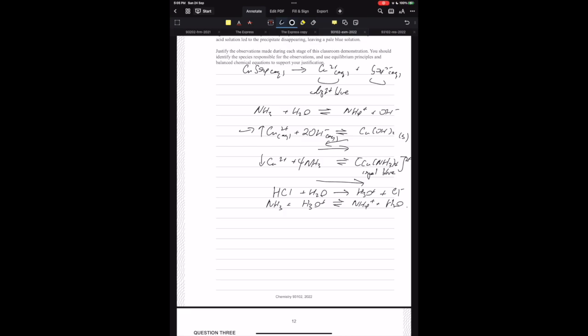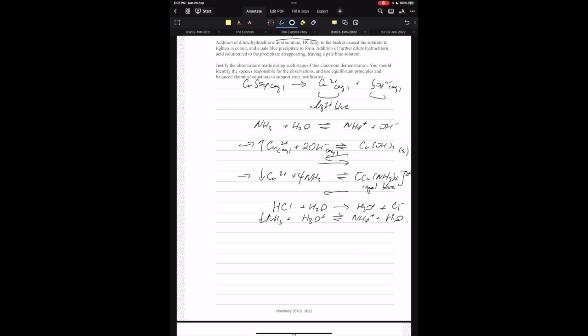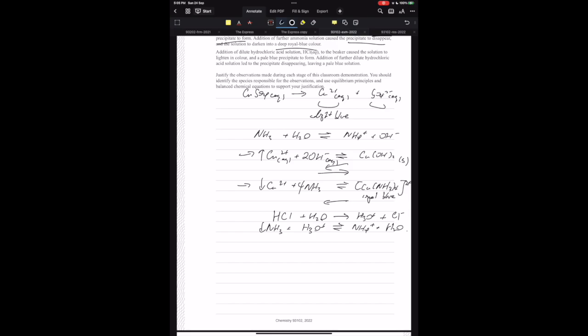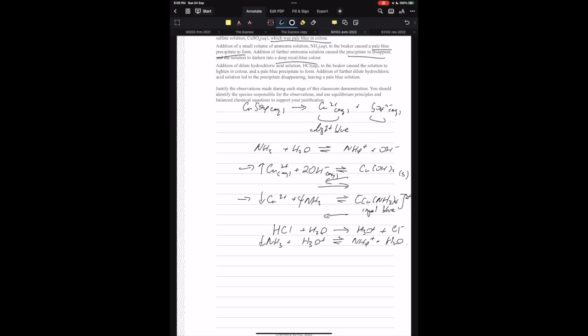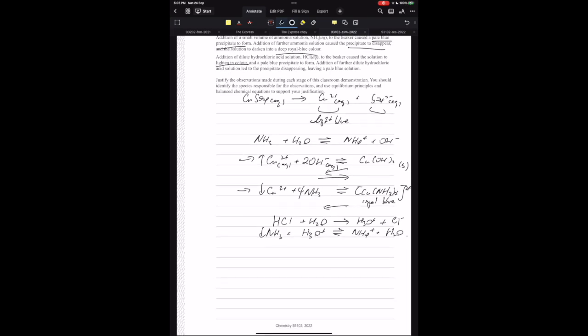And because we have decreased the concentration of NH3, this equilibrium here would be forced to go this way, because the Cu(NH3)4 2+ equilibrium wants to restore the NH3 that was lost, and so we would lose the royal blue color, and so that's why the solution lightens in color. And basically the whole process is reversed.